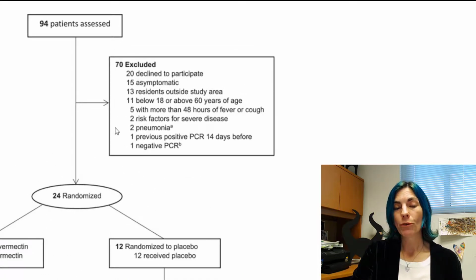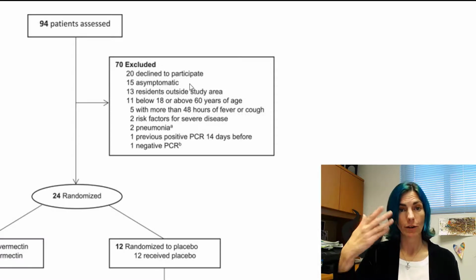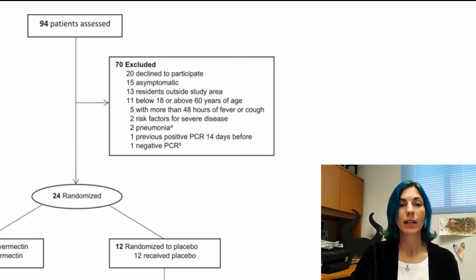Notice all the reasons why people were excluded. They didn't want to participate. They were asymptomatic, so that was considered criterion for exclusion. They didn't live in the area. They didn't fit the age group. So here you can see the age group was between 18 and 60. Five or more with 48 hours of fever or cough, too late in the course of illness. Severe disease, pneumonia is severe disease.